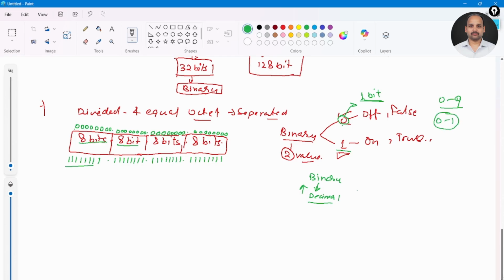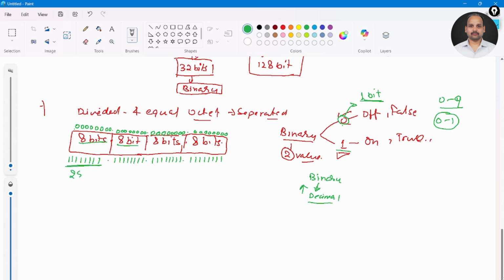So somehow I have to convert from binary to decimal, and if I want to know the binary value of a decimal, then I have to convert from decimal to binary. For example, I will tell you how you can convert binary to decimal and decimal to binary.